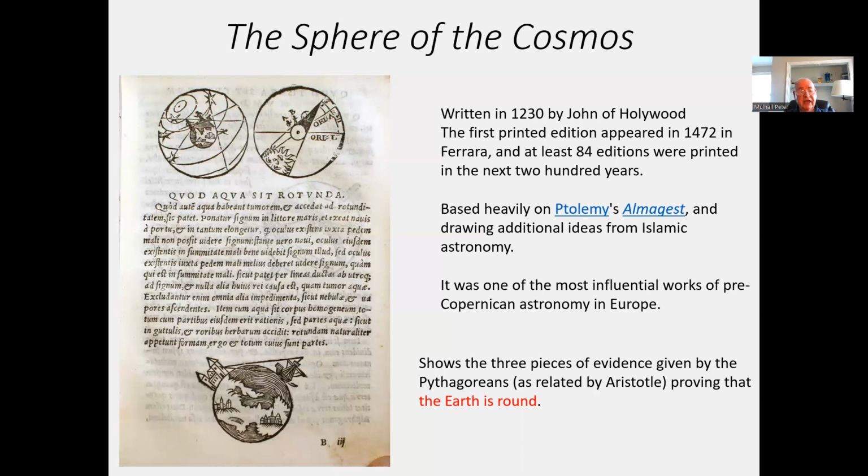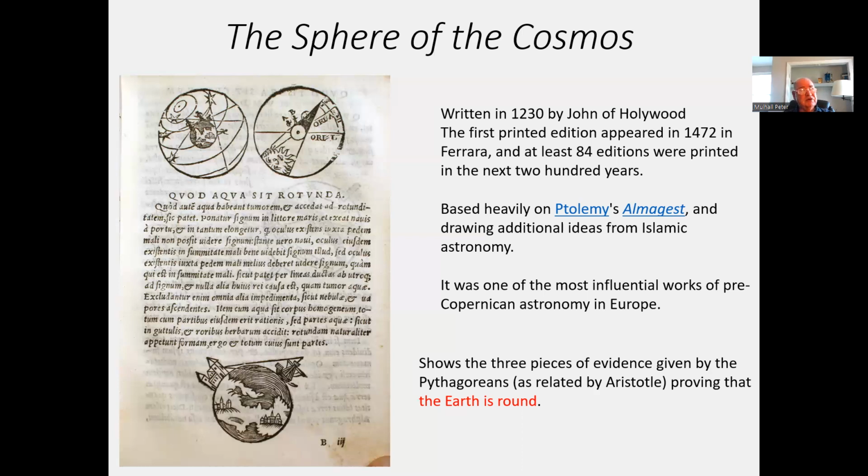Interesting, this page I pulled out shows the three explanations that Aristotle gives of why the Earth is round. These explanations come from the Pythagoreans. He gives Pythagoras full credit for this. And if anybody still has the idea that people thought the Earth was flat, hopefully this will dispel it.